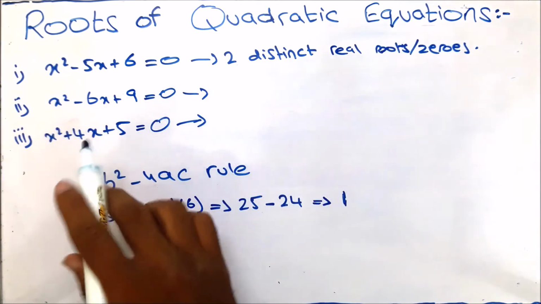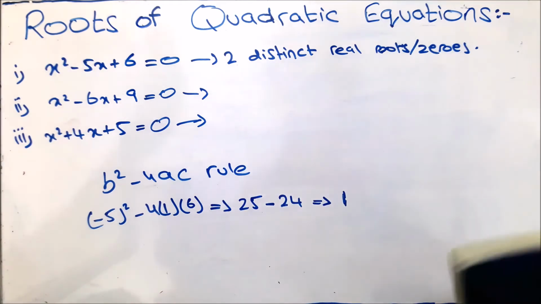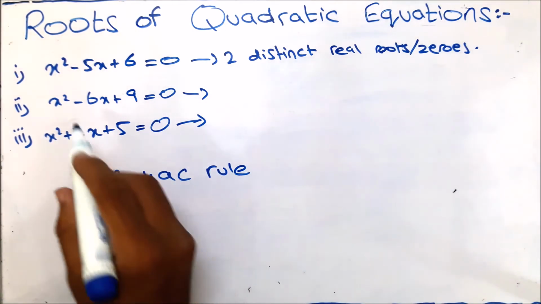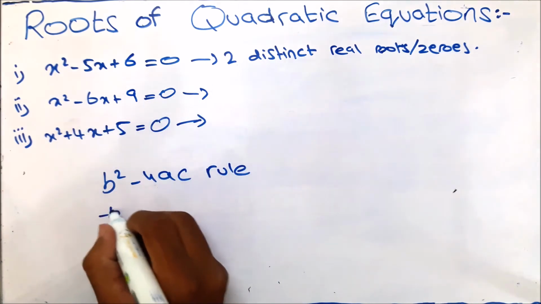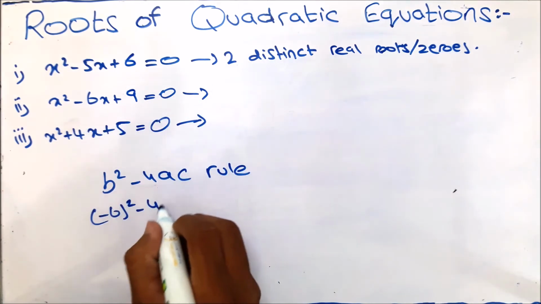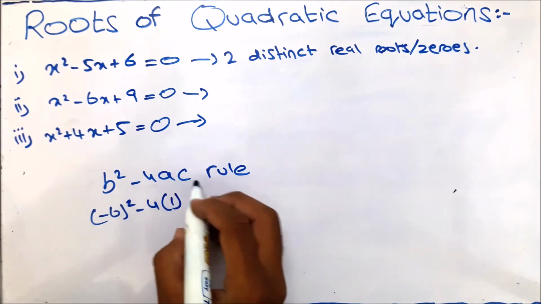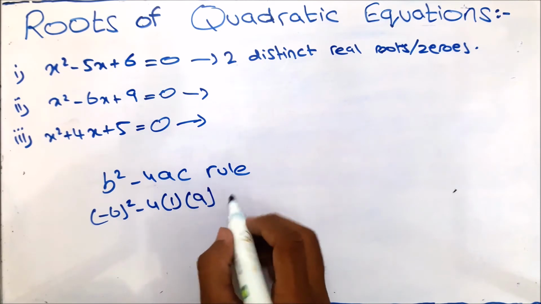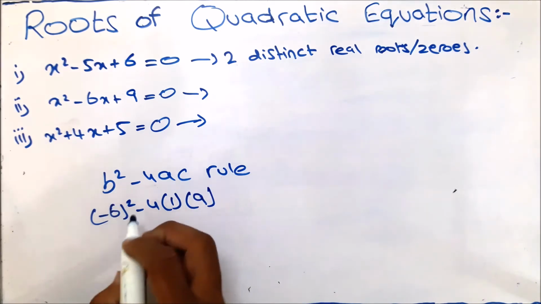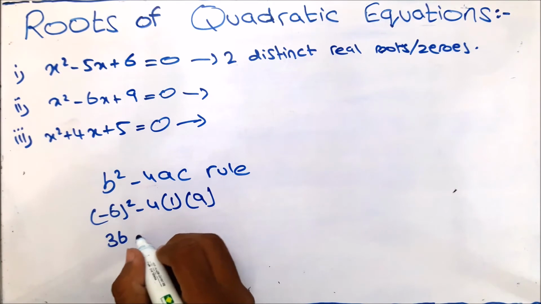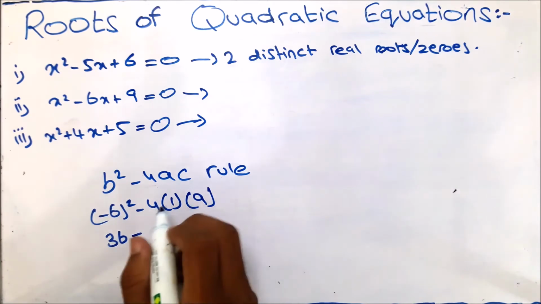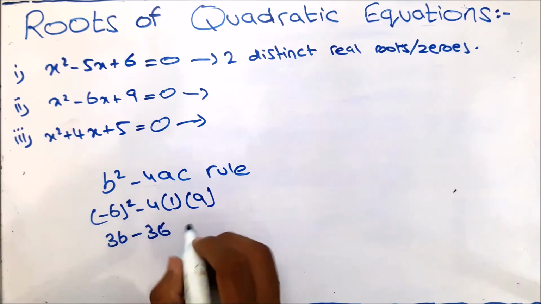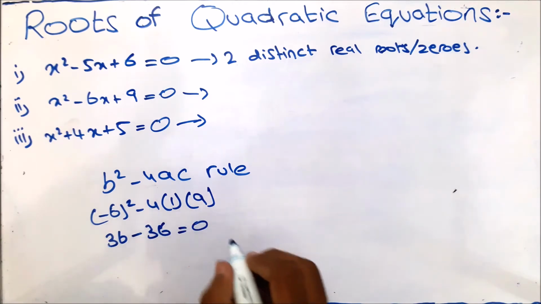Okay, let's try the second example. Here we have our b as minus 6, squared, minus 4 times a, which is again 1, and here c is 9. Let's just solve it. Minus 6 squared is positive 36, minus 4 times 9 is also 36. 36 minus 36 equals 0.